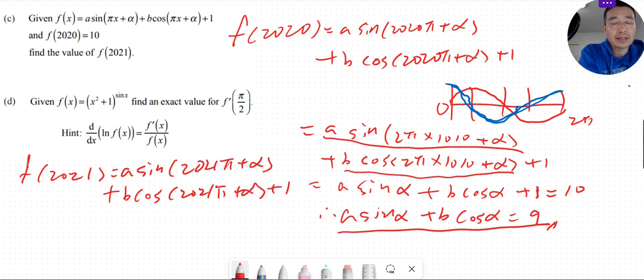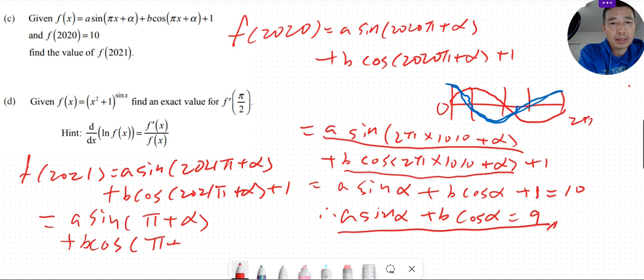We have to find the answer. Now, so you see what it means is a sine pi plus alpha, isn't it? And then plus b cosine pi plus alpha plus 1. You can guess from now on where I'm going.